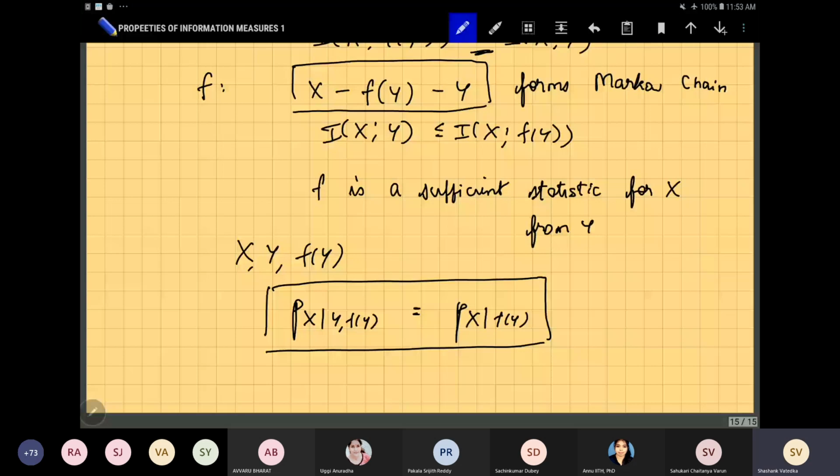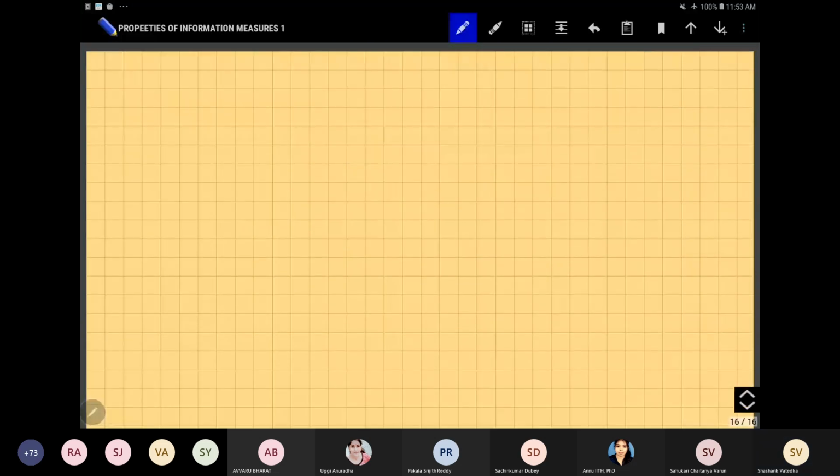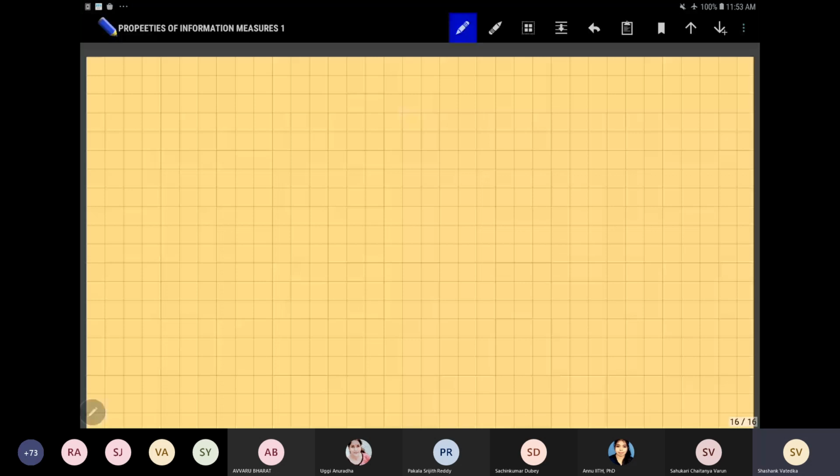All right. Okay, sir. So here's maybe a very simple example. It's sort of a trivial example, but let us assume that you have a random variable x.